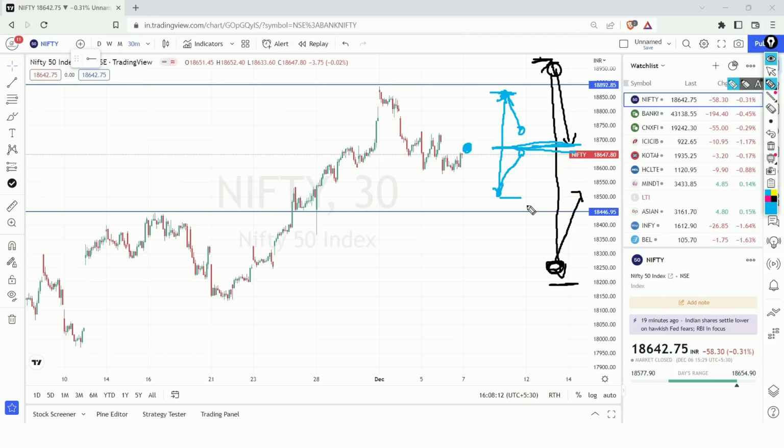So let's say today we get to see a rally of close to around 200, 250 points. So we are going to have a big M2M loss. And most likely, let's say it has actually broken our support right over here. So if the support is broken, most likely we will end up adjusting.